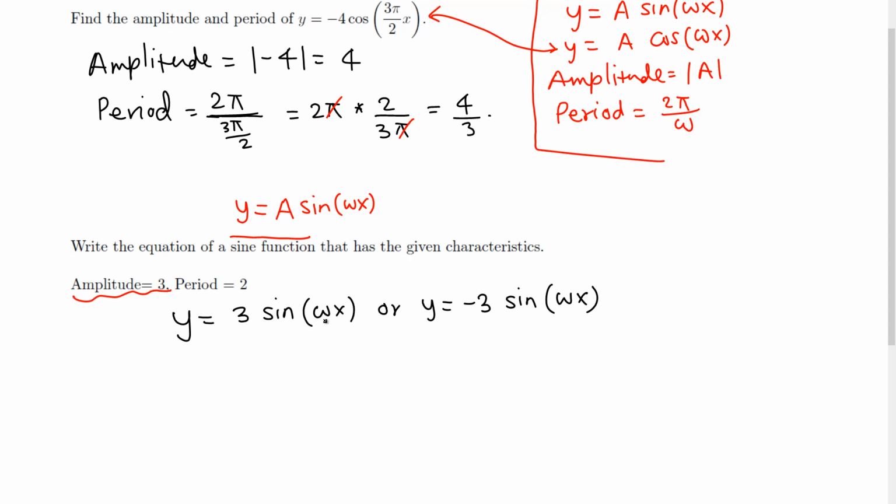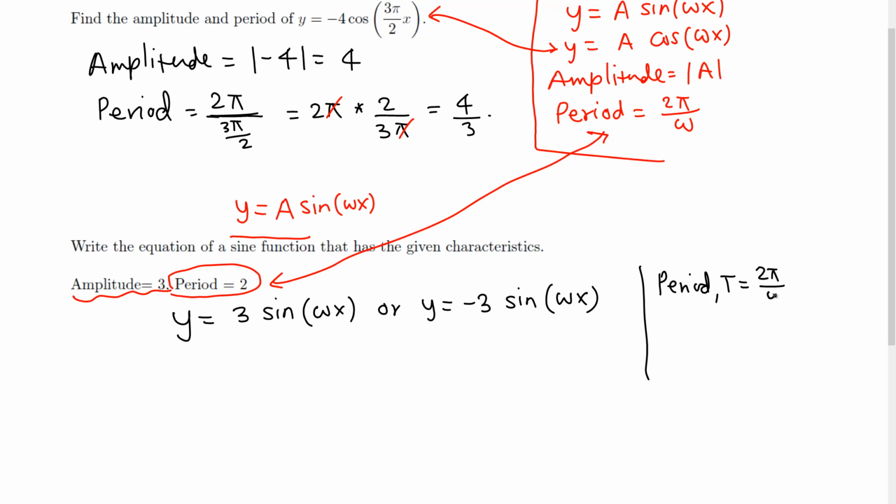We have yet to determine omega, and we know that period is given by this formula. From this we will be able to find the value of omega. Okay, on the side, period T is 2 pi over omega.